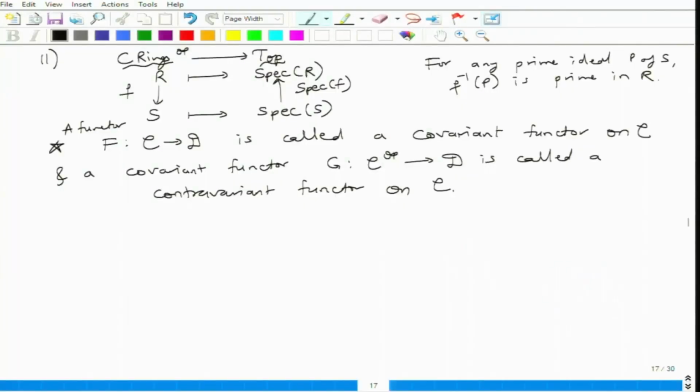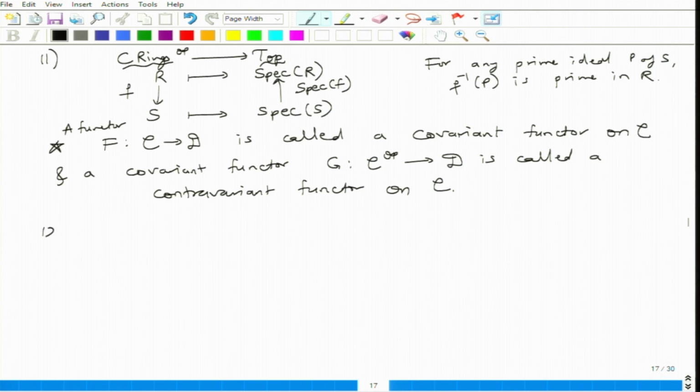Covariant and contravariant we will mostly try to avoid in this course, but sometimes things just happen. A contravariant functor on C is a covariant functor on C op. Equivalently, you can also think of this G as a functor from C to D op. Only on one of the categories you have to reverse the direction of the arrows.